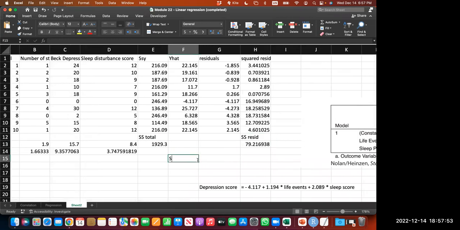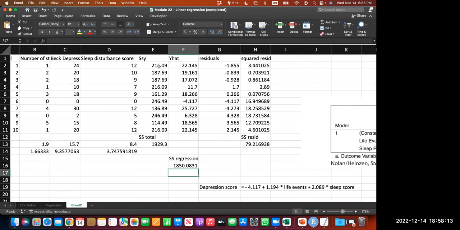We want the sum of squares regression now, which is what our regression function has now explained, which is essentially calculated as this minus our residual error. And our sum of squares regression is essentially here 1850.